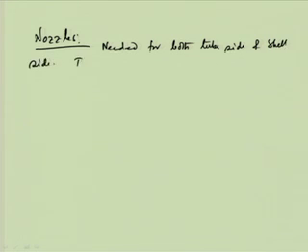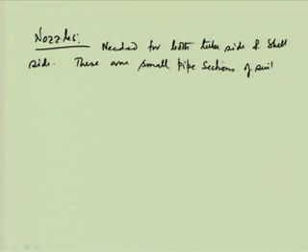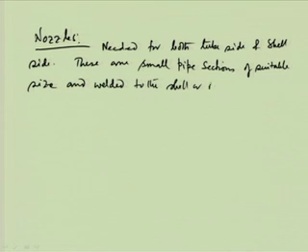These are small pipe sections of suitable size, welded to the shell, or the bonnet, or the channel.